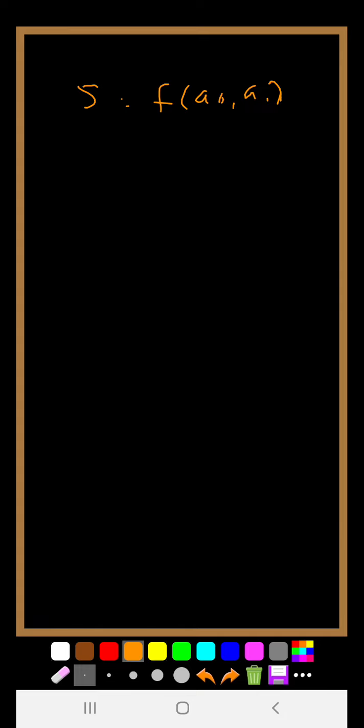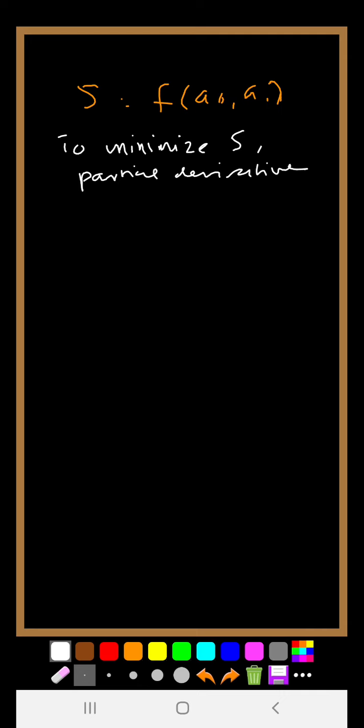To minimize this, we need to take the partial derivative with respect to a0 and a1.